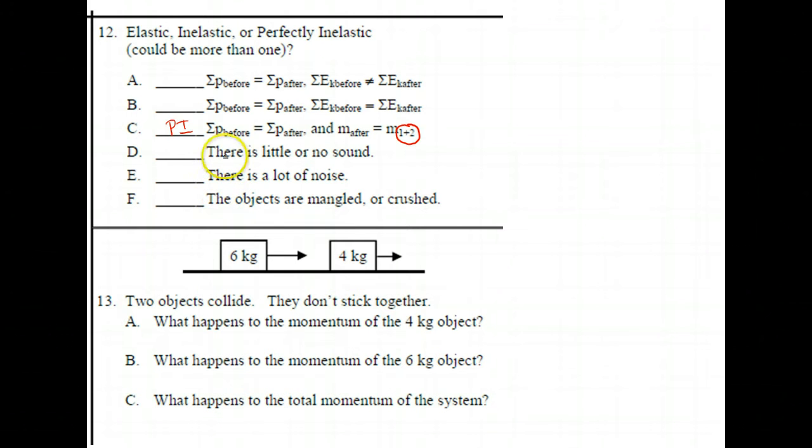How about number 1? Well, that one could also be perfectly inelastic, but that's not our only option. Let's look at that. If the momentum before is equal to the momentum after, that could be perfectly inelastic, for sure. Especially if there's some heat loss, so the energies are not equal to each other.